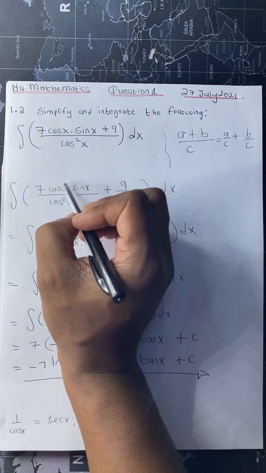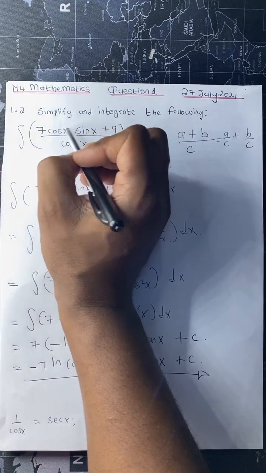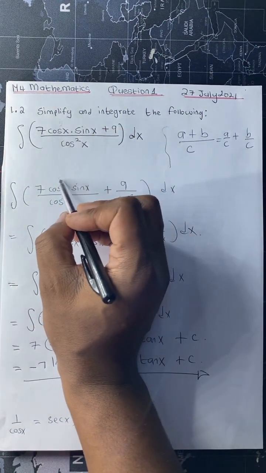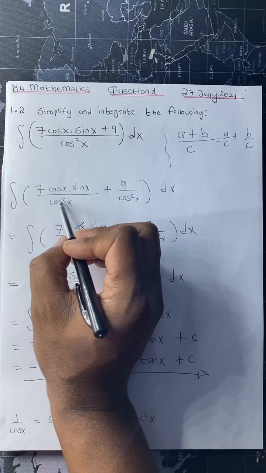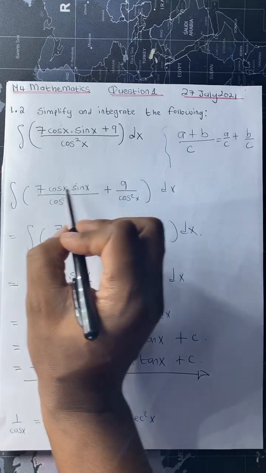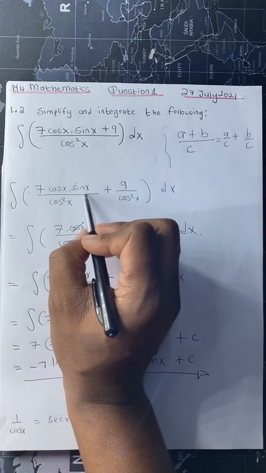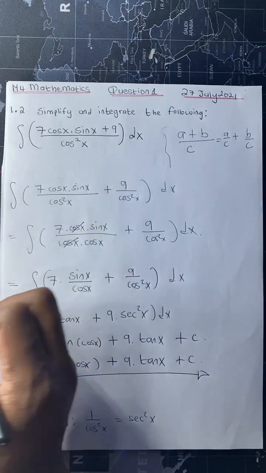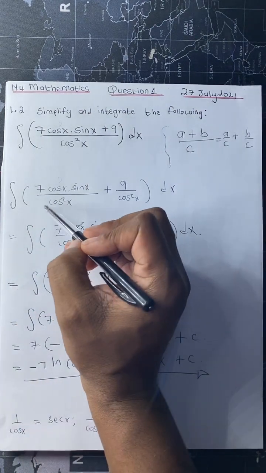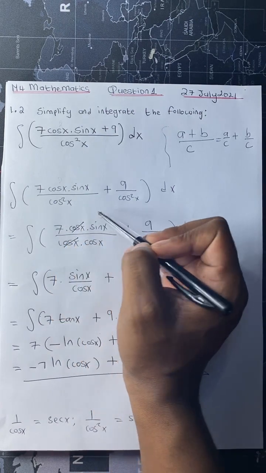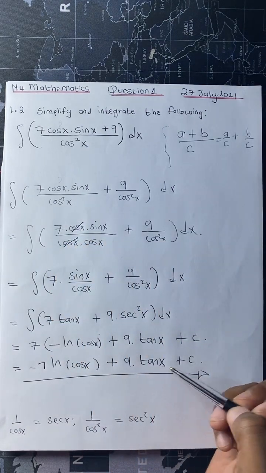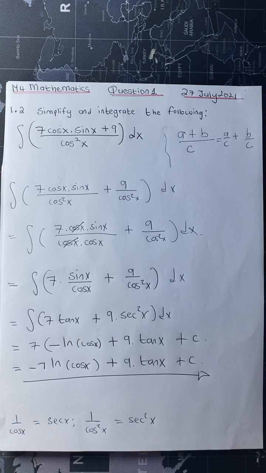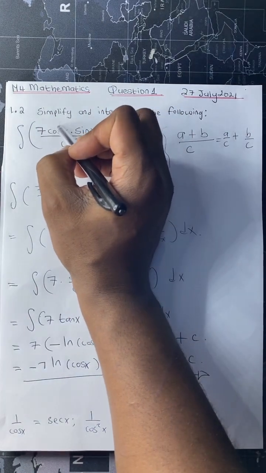So if this was cos squared x like in the memorandum, this cos squared x was going to cancel out with that cos squared x, and we'll be left with 7 multiplied by sin x, and the integral of sin x is equal to negative cos x. So we are going to have negative cos x plus 9 tan x plus c as our final answer if we had the square there.